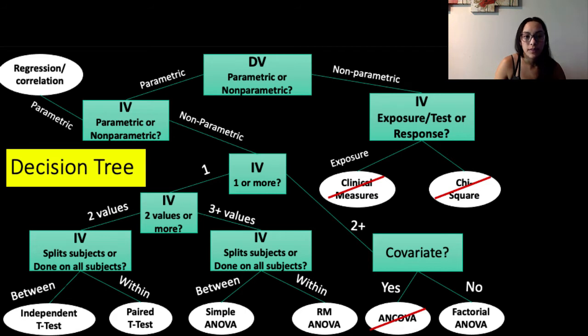So for this week and next week, we're going to be operating with parametric dependent variables as well as parametric independent variables. And those are going to lead us to correlations and regressions. So this week we'll focus on correlations, next week we'll focus on regressions. Both of them are very similar in nature in terms of looking at relationships between variables.